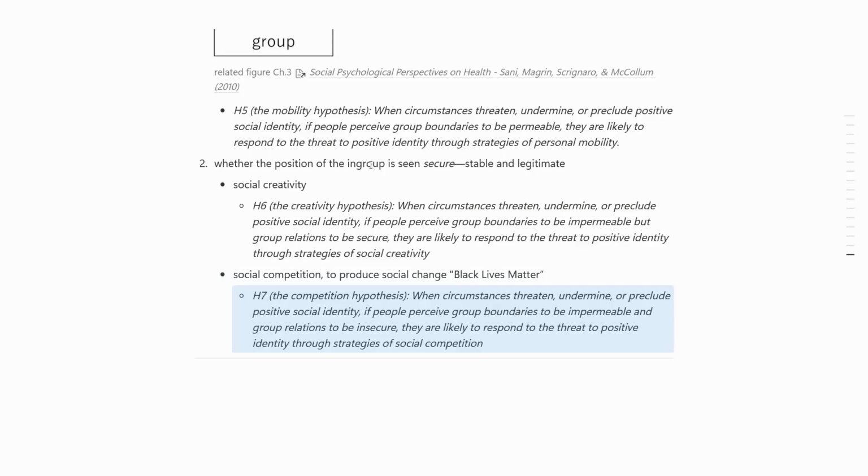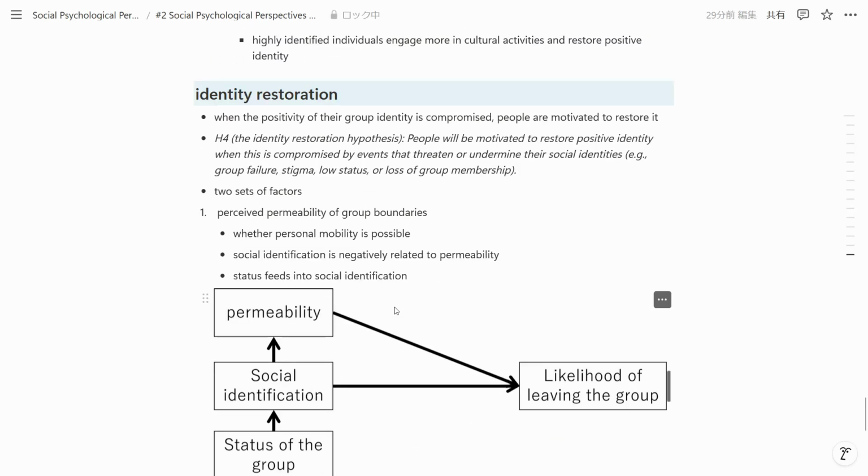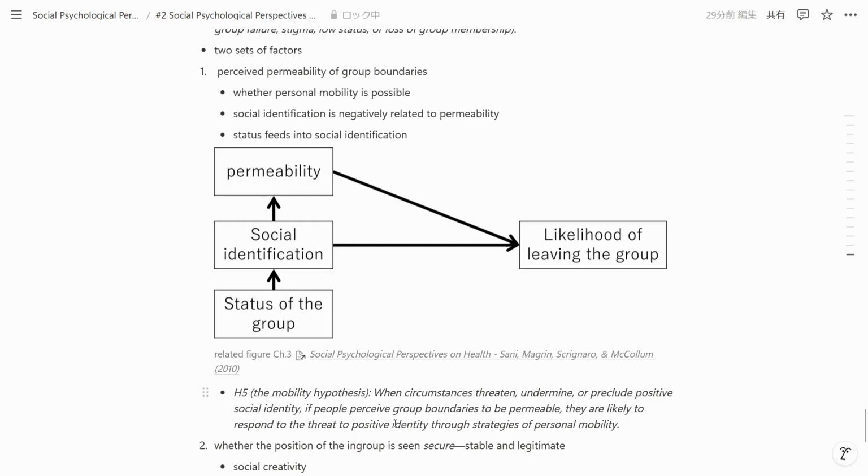So the hypothesis tells that when circumstances threaten, undermine, or preclude positive social identity, if people perceive group boundaries to be impermeable and group relations to be insecure, they are likely to respond to the threat to positive identity through strategies of social competition.